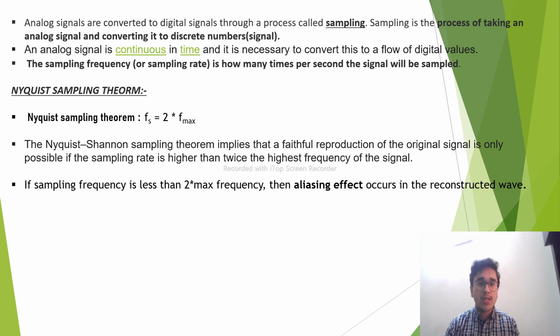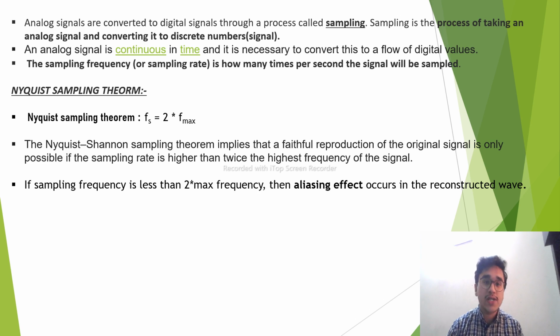Okay. So this is a very important term, because in order to process it, we use it in the next theorem, a very important theorem, the Nyquist theorem. Nyquist Shannon gave the theorem stating that Fs is equal to 2 times F max. Fs is nothing but the sampling frequency, and F max is the frequency of the input signal, that is, the analog signal.